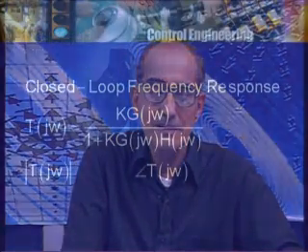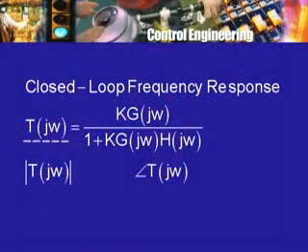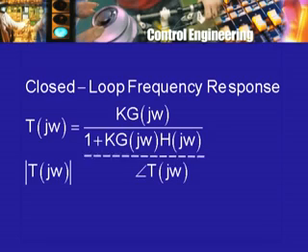Therefore, we have to look at T(j omega). This is equal to K G(j omega) divided by 1 plus K G(j omega) H(j omega). Now, if I already know G(s) and H(s), then it is just a question of evaluating this at different values of frequency omega or angular velocity omega. So, from the computational point of view, there is not anything very difficult.